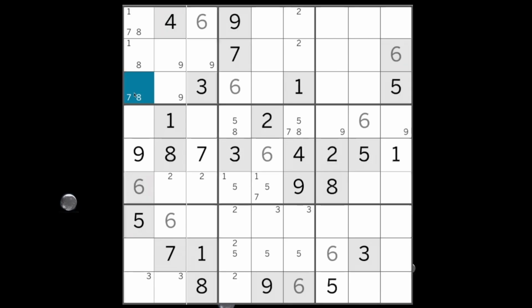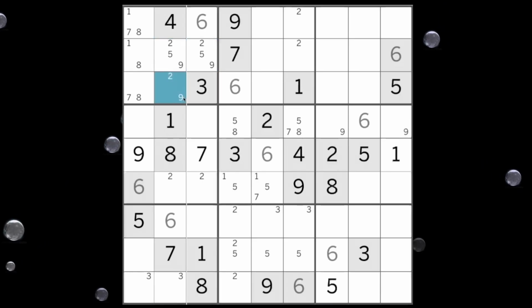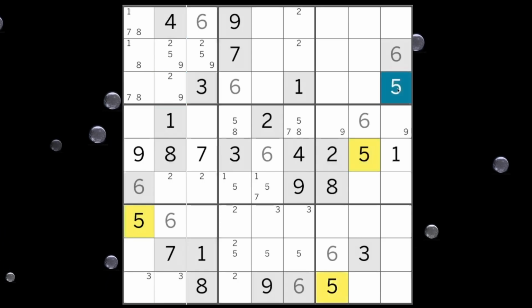Which means that the remaining blocks are a 2, 5, 9. Five can't be there because of that.